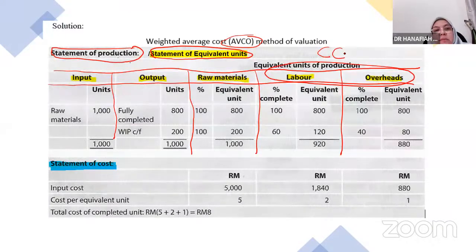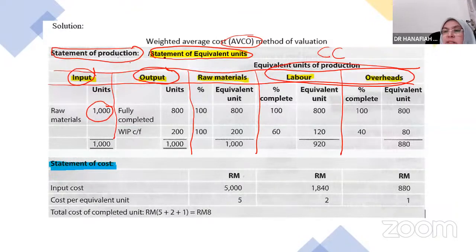So now we can see that this is our input. In the column of input here, we know that we have 1,000 units. Our raw material is 1,000 units. Based on that, we look at the output column.